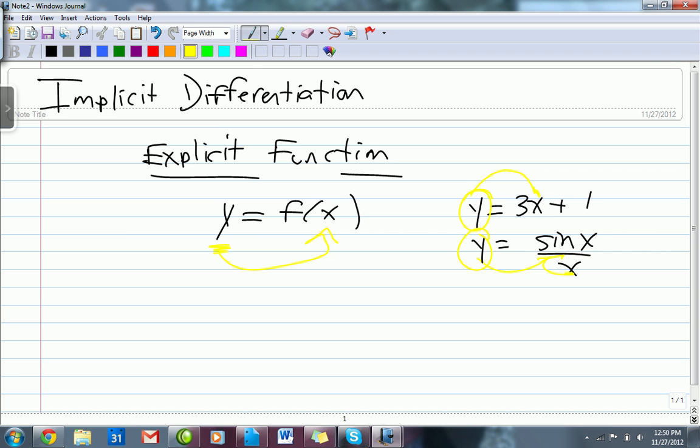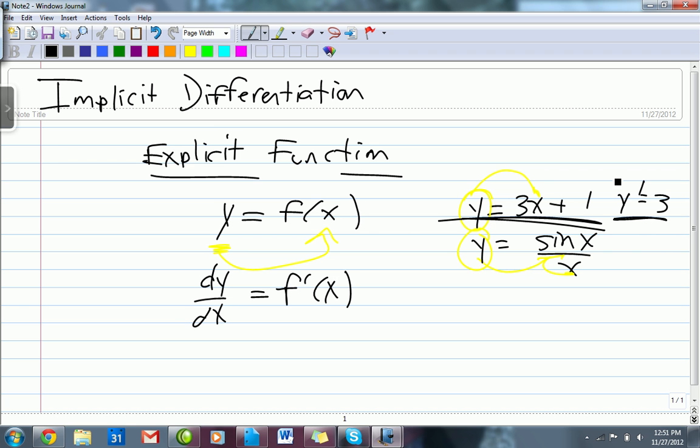Now, so far what we've done is we found that the derivative of y, dy/dx, is f prime. This is nothing new. If y equals 3x minus 1, then y prime equals 3.